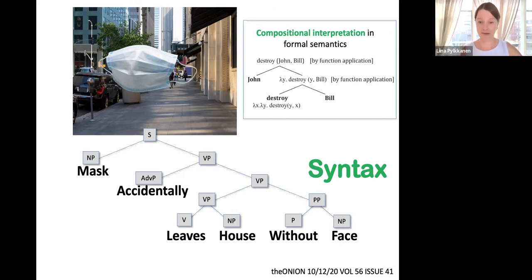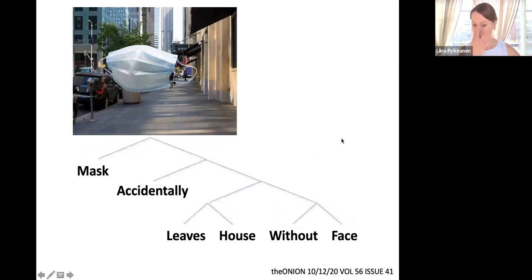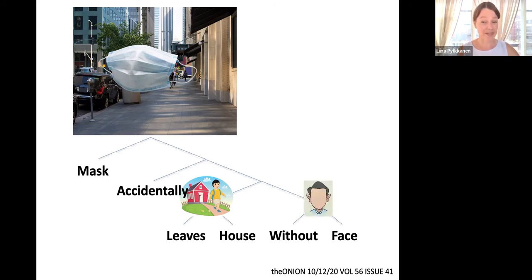So let's just look at that very informally. Put my formal example away. So here we have a verb phrase, leaves house. There obviously the meaning of a house and the activity of leaving combine together. We have a prepositional phrase, without face. And so there you obviously combine the negative meaning of without with the meaning of face.